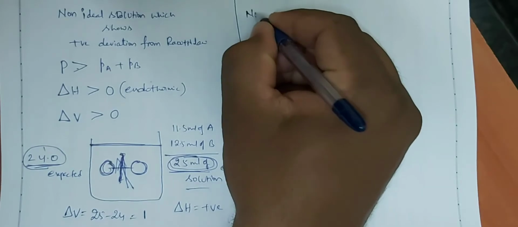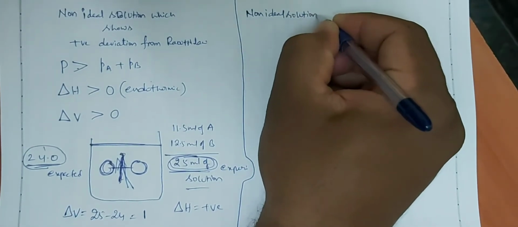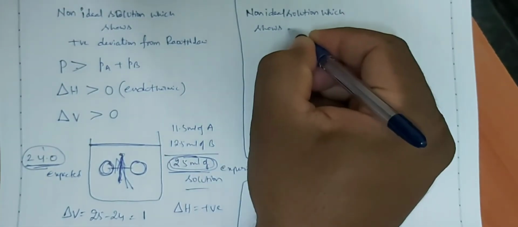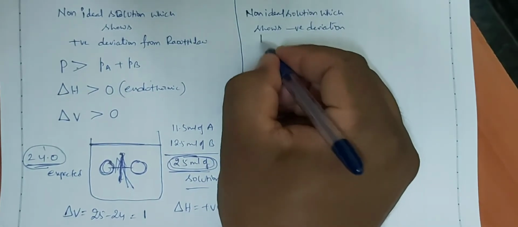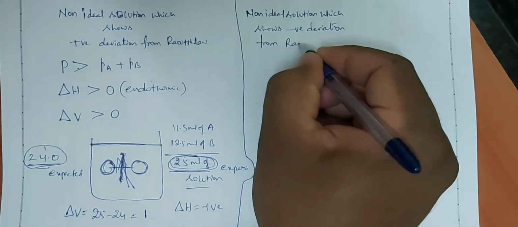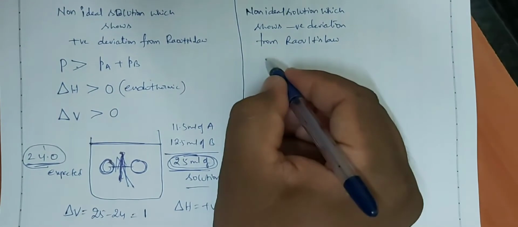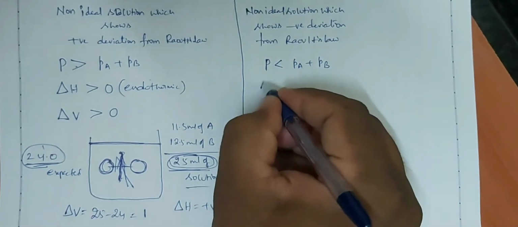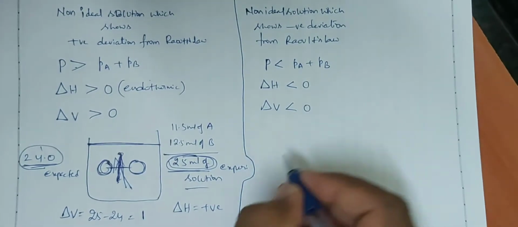Next, the non-ideal solution which shows negative deviation from Raoult's law: P is less than Pa plus Pb, delta H is less than 0, delta V is less than 0.